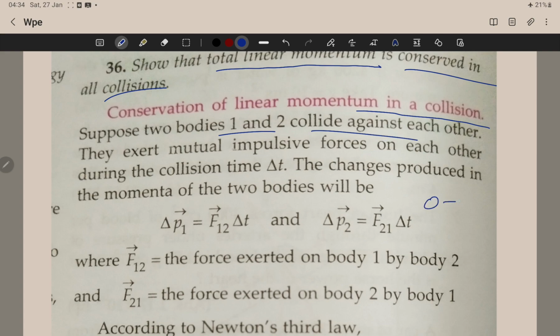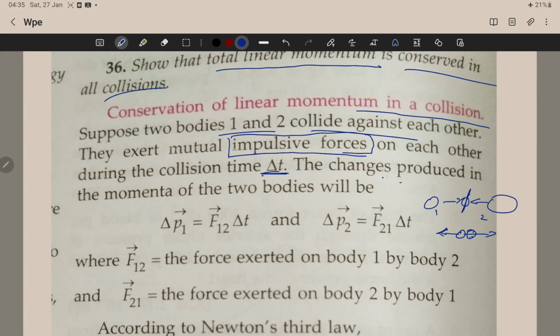They exert mutual impulsive forces: body 1 exerts a force on body 2, and body 2 exerts a force on body 1 during the collision. They remain in contact for a very small time period, so the impulsive force acts for a very small instant.